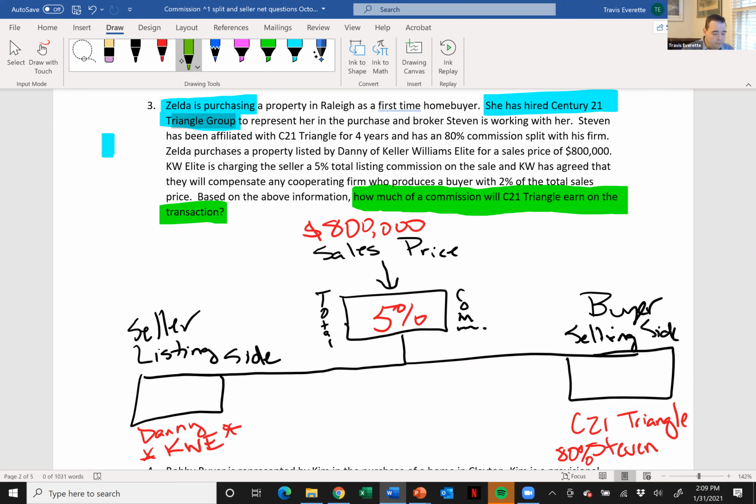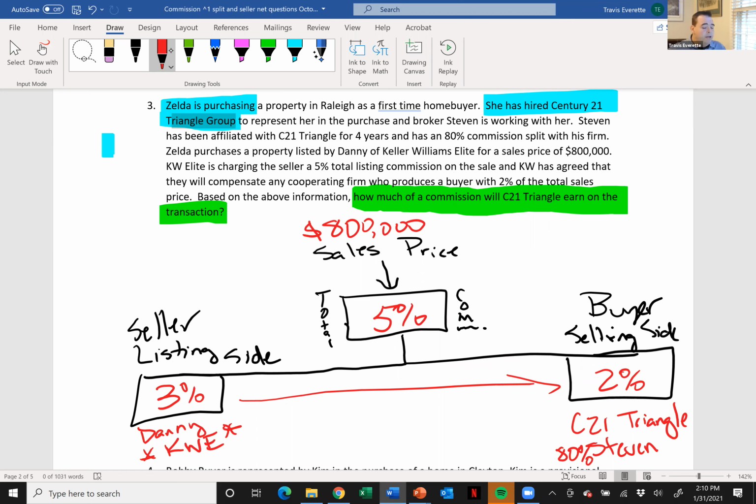What that means to me is that the money is going in this direction, right? So they're compensating with 2%. That 2% goes to the selling side, folks. That's the buyer agent commission, the selling side of the transaction, which means, of course, this must be 3% over here on the other side because those two have to add up to the 5.